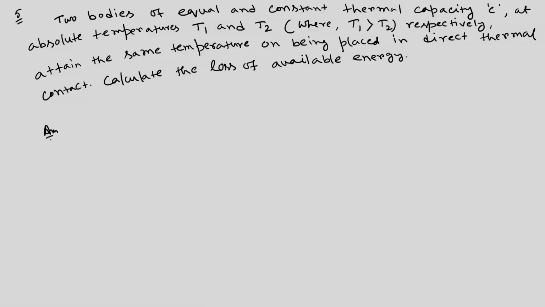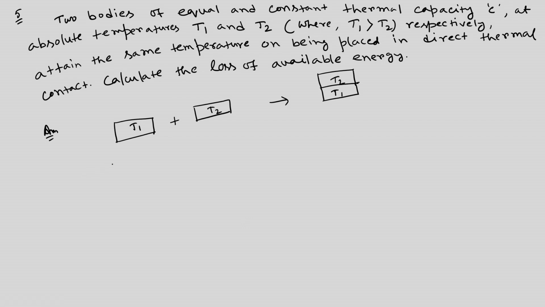Now, here you have one thermal body of temperature T1 and another thermal body of temperature T2, and they are brought in thermal contact with each other. So, this is what is happening there.